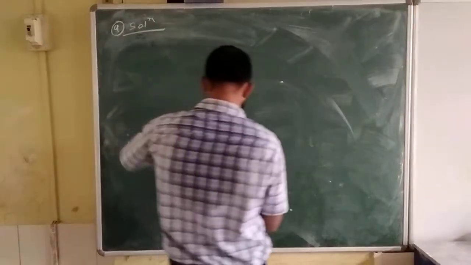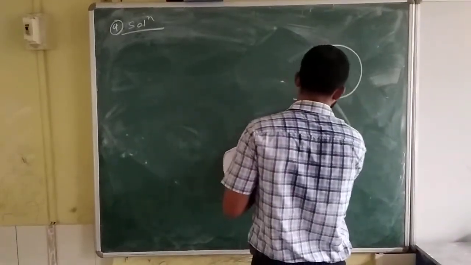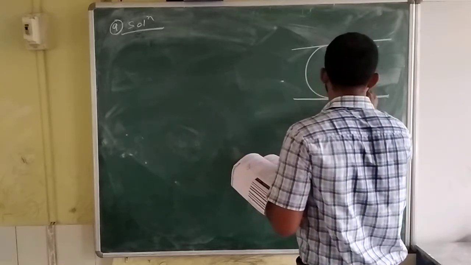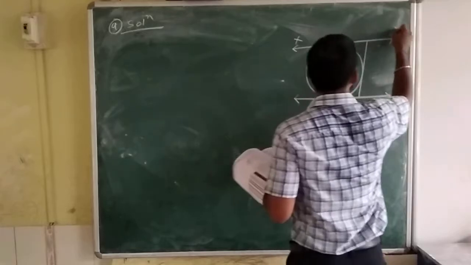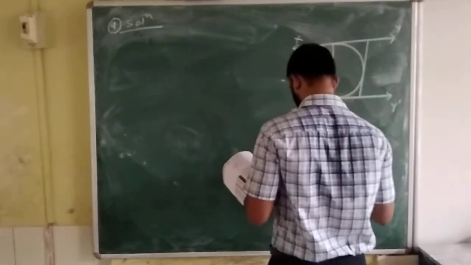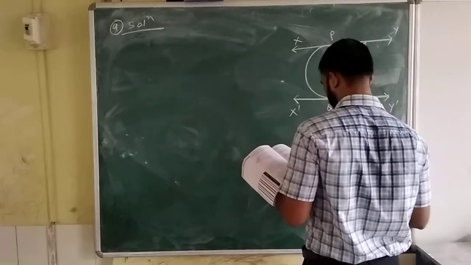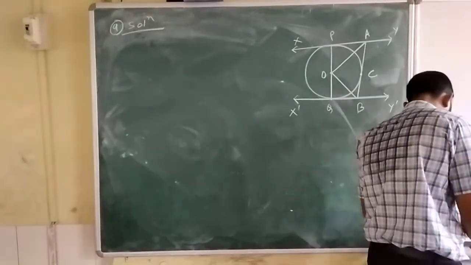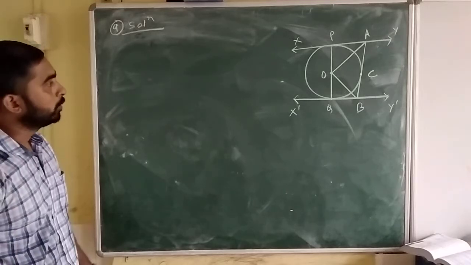Solution. To prove that angle POV equals 90 degrees.